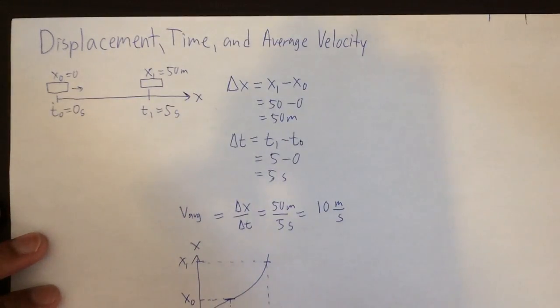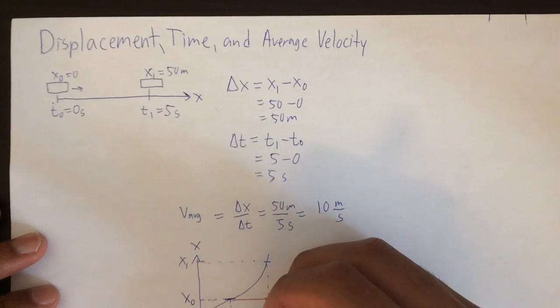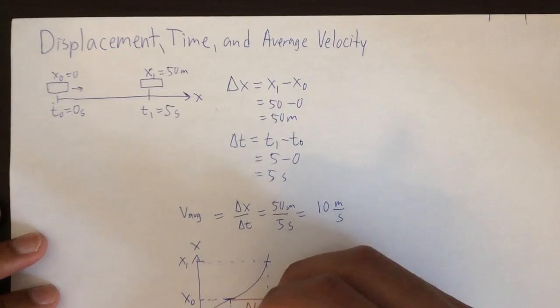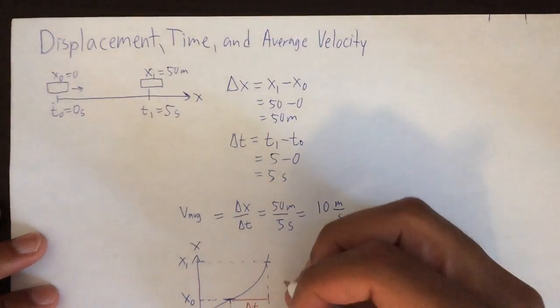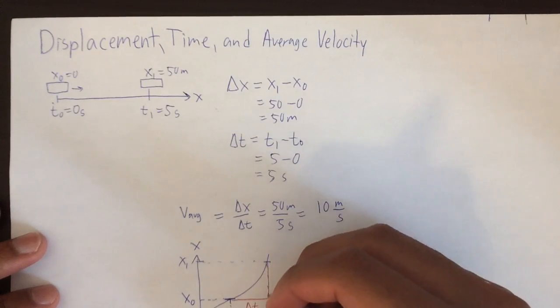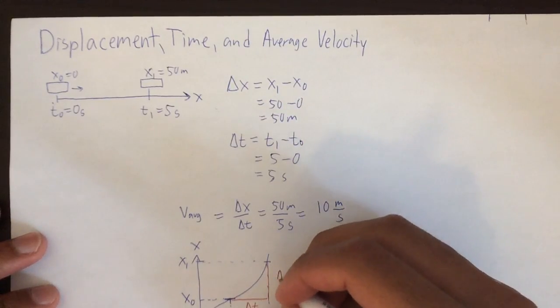You can see that this length here on this graph is delta t, and you can see here that this length here is delta x.